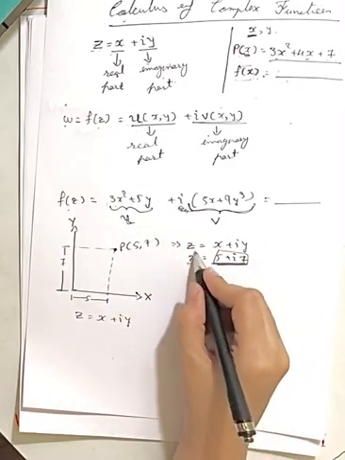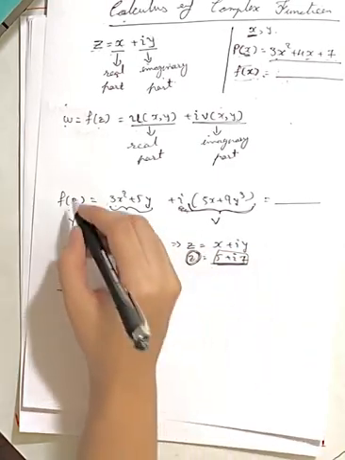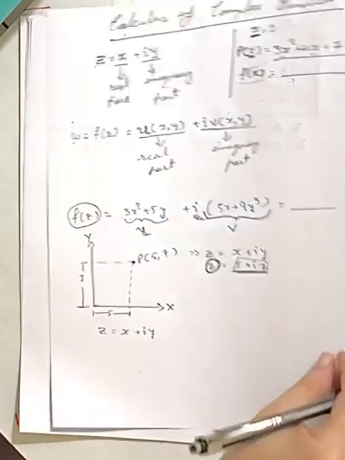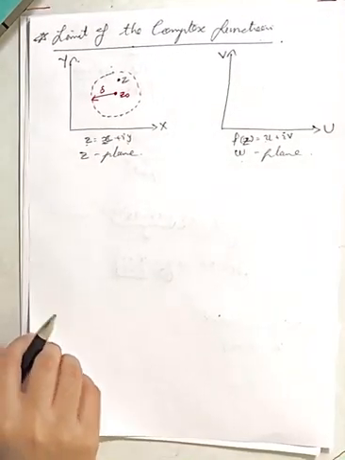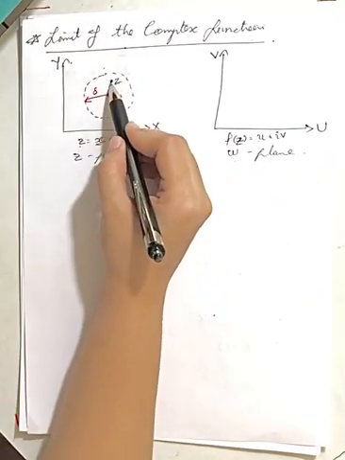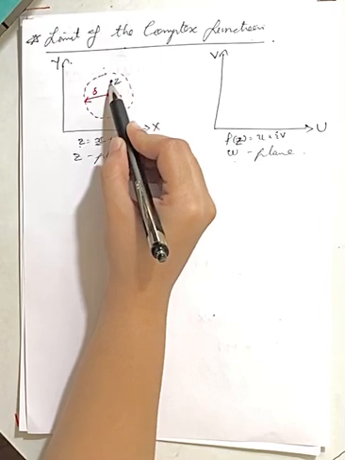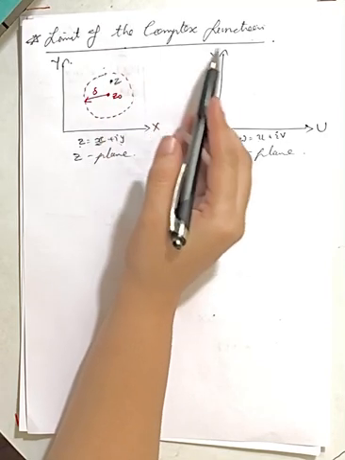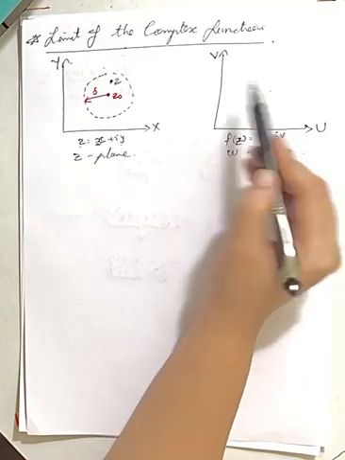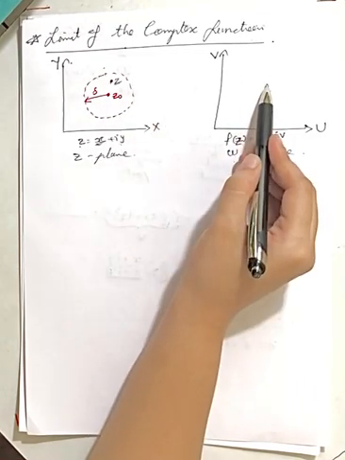So for every variable z, I have a definite value of f of z. In the graph, if I have some point z on the z plane, there definitely will be a corresponding point in the f of z plane, which gives the result for this z.